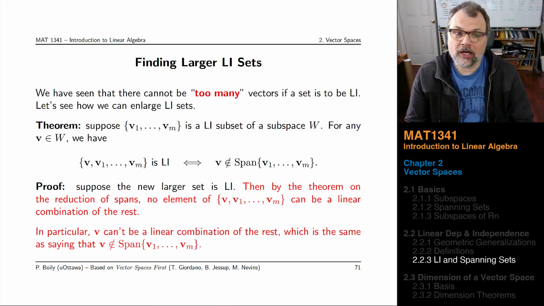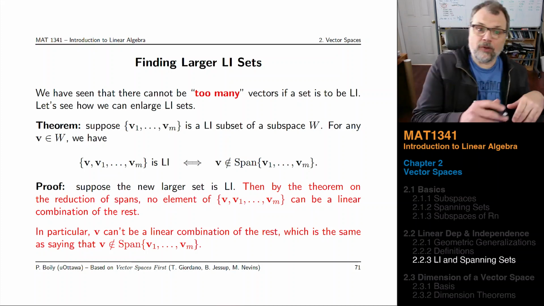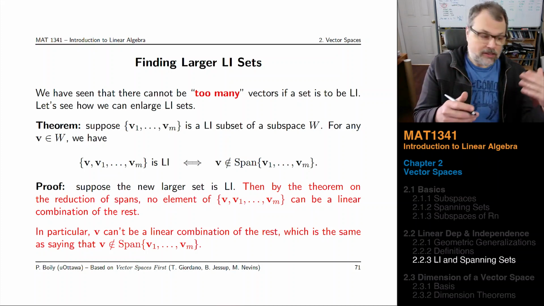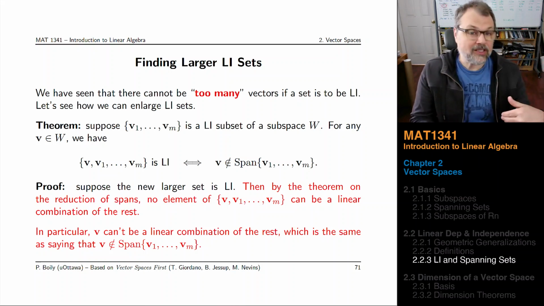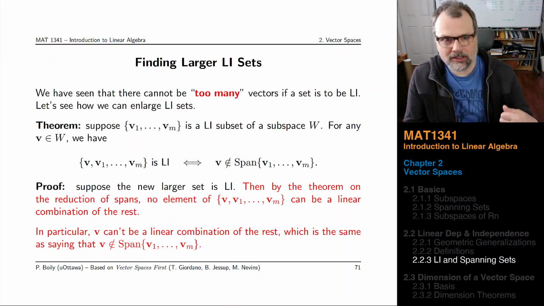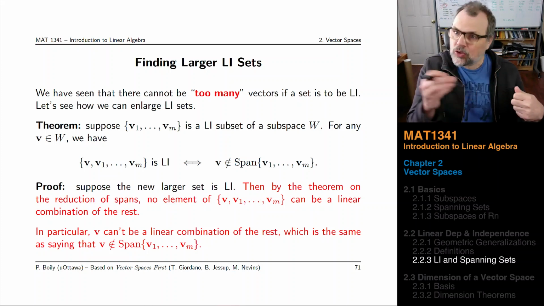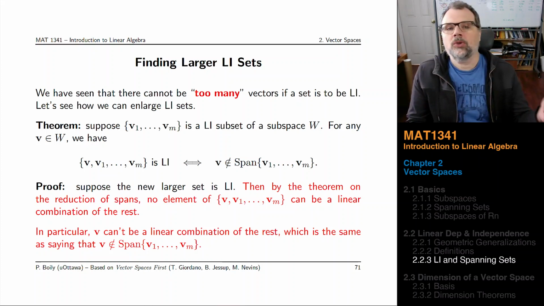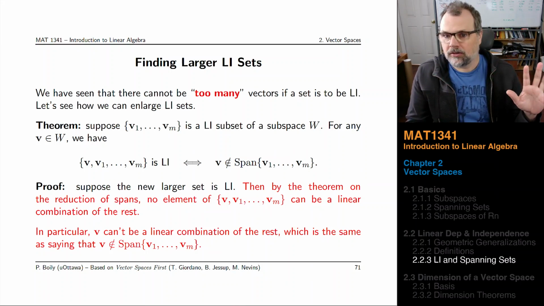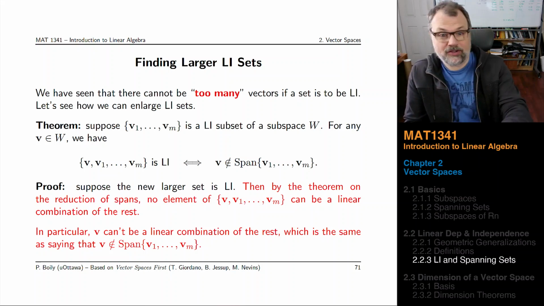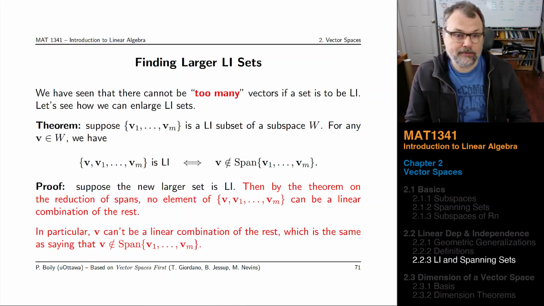Well, how can we enlarge a set of linearly independent vectors so that the resulting set is still linearly independent? If we add too many, eventually we'll run out of dimensions to keep all the vectors linearly independent. We haven't yet defined what the dimension is, but that's intuitively the idea.